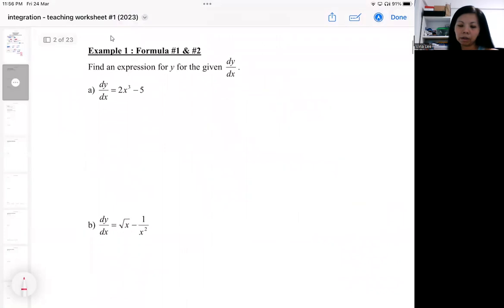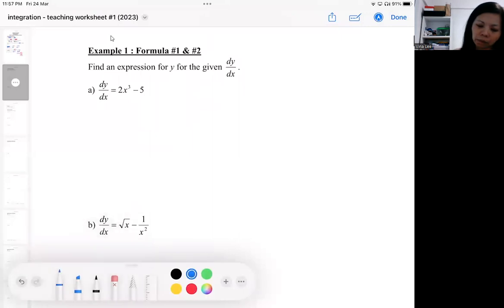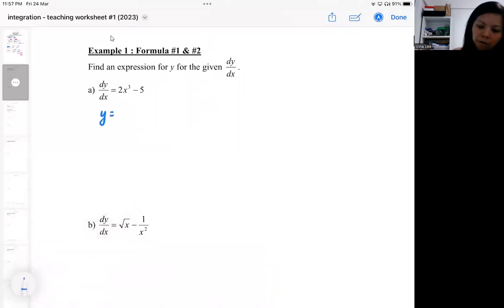So in this case, you are given dy dx, and I'm supposed to find an expression for y. That means where does the dy dx come from? So very simple, y will come from integrating the dy dx. So the correct notation will be something like this.